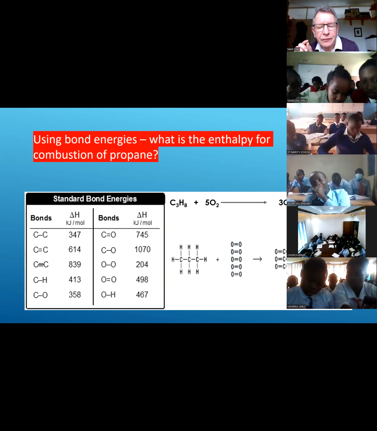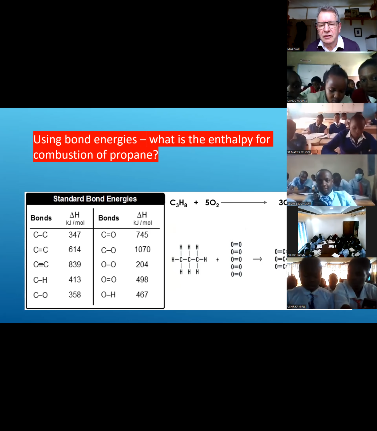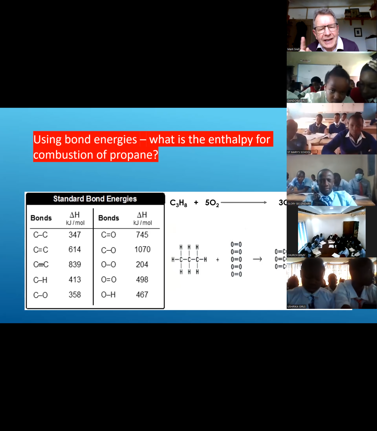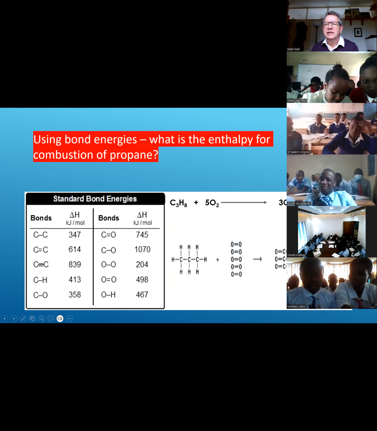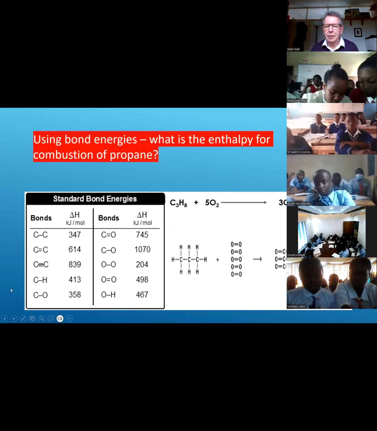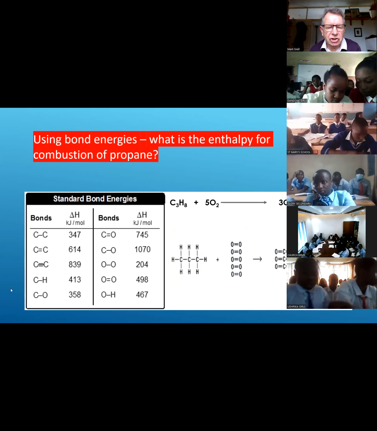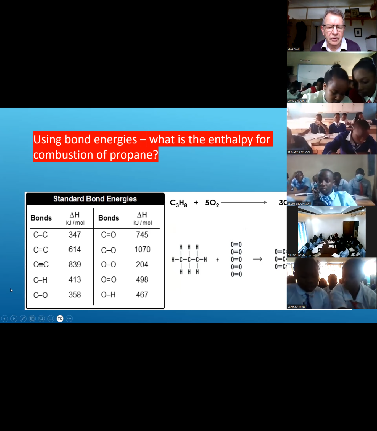And because it is a fuel, it will give out heat. That would make it negative, okay? But 3070 seems a bit large for propane. So just check your maths, check your arithmetic. That's the thing which is difficult.